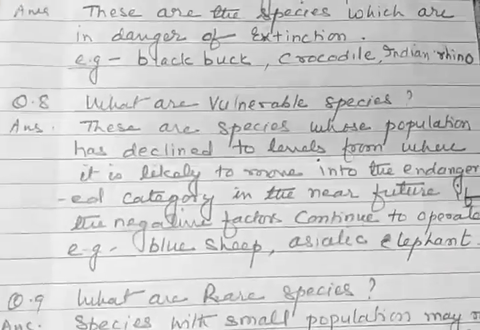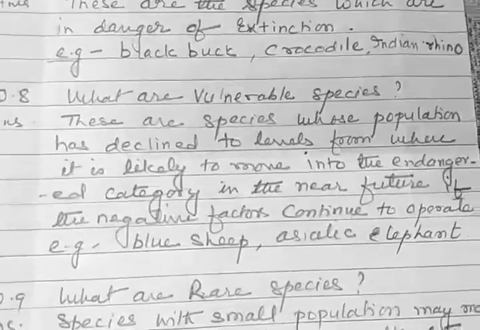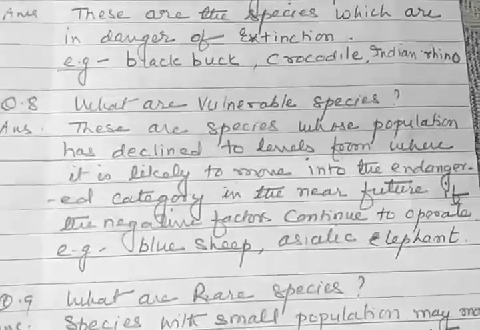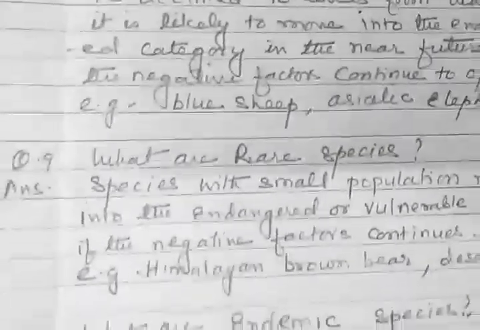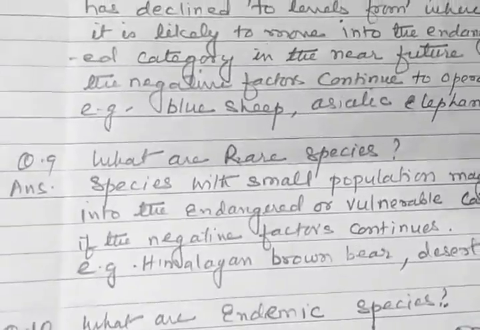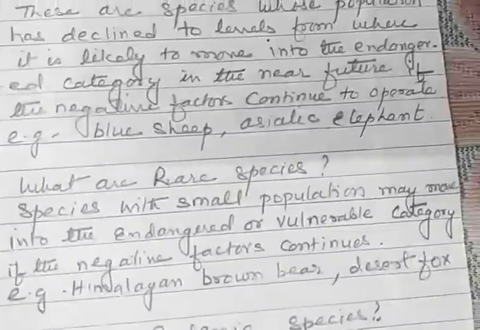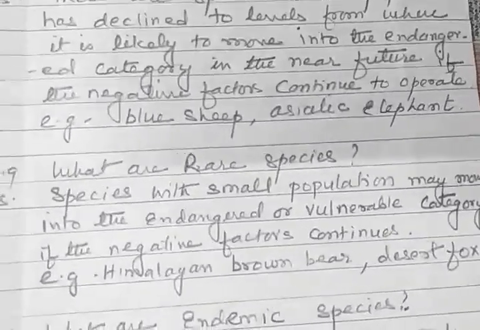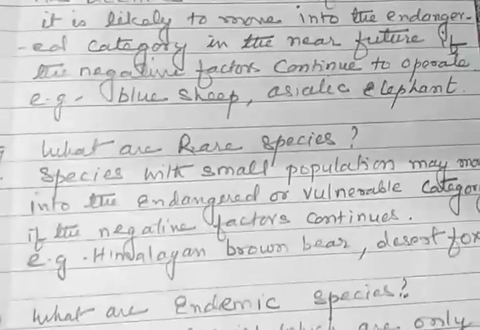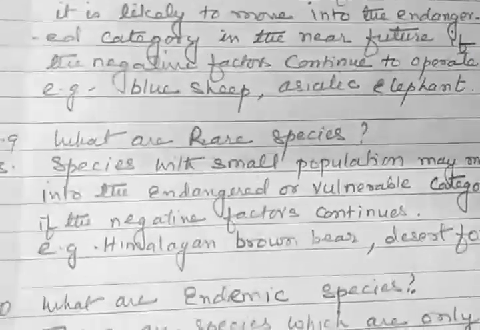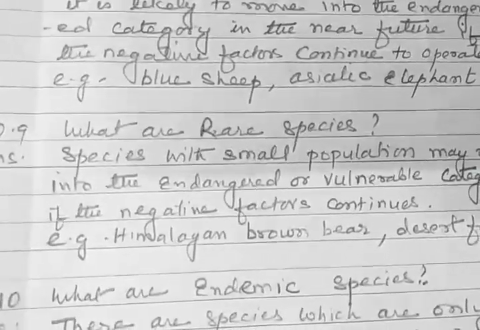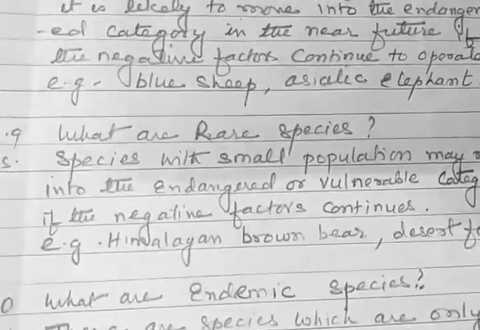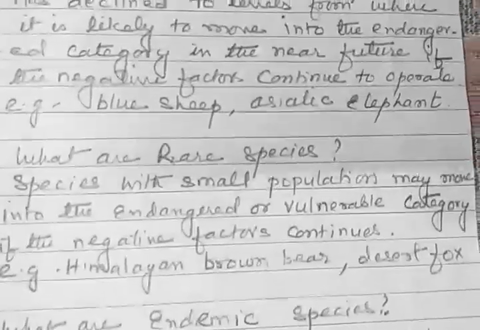Some examples of vulnerable species: blue sheep, Asiatic elephant, etc. Next, what are rare species? Species with small population may move into the endangered or vulnerable category if the negative factors continue. Example: Himalayan brown bear, desert fox, etc.